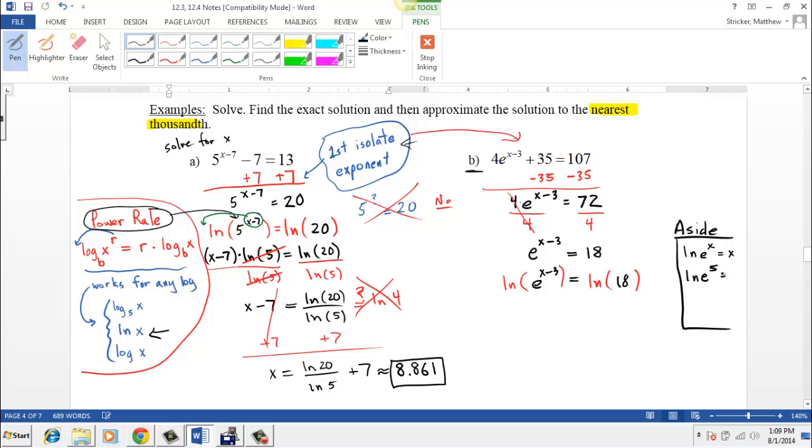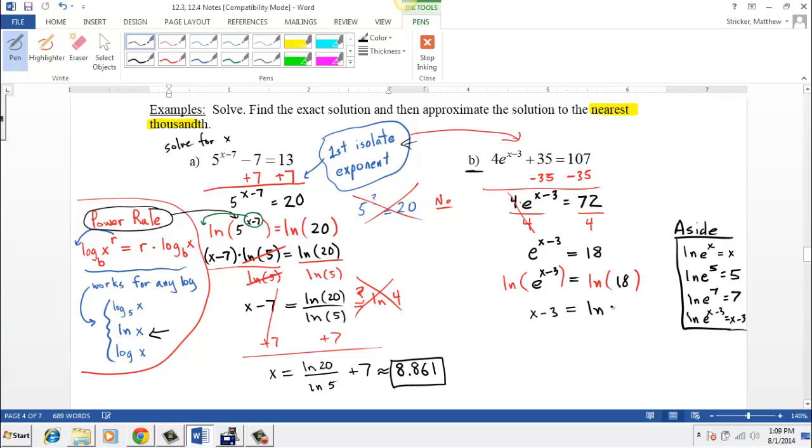Natural log of e to the 5th just becomes 5, or natural log of e to the 7th becomes 7, or natural log of e to the x minus 3 becomes x minus 3, which is what we have here in this example. The natural log of e to the x minus 3 is just x minus 3. Well, this simplifies things a lot.